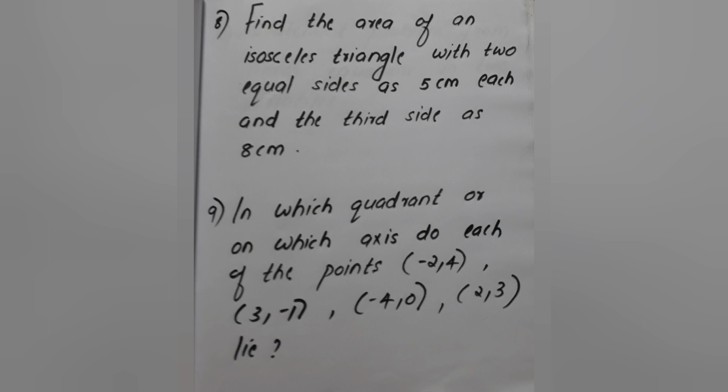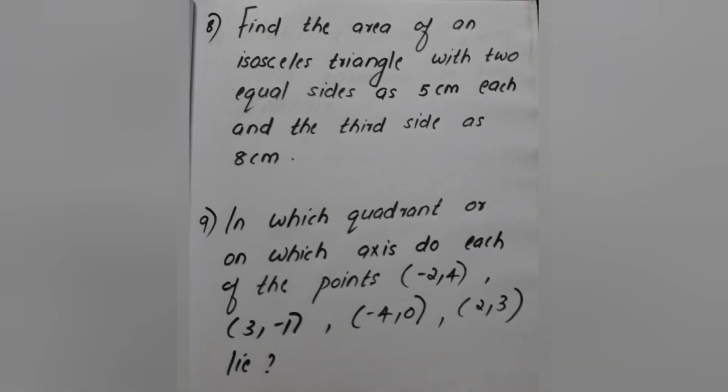Then the ninth question: in which quadrant or on which axis do each of the points minus 2, 4, 3, minus 1, minus 4, 0, 2, 3 lie? So there you have to find the axis. You have to find in which quadrant each one is lying. We have studied the 4 quadrants, quadrant 1, 2, 3 and 4. Plot the points.